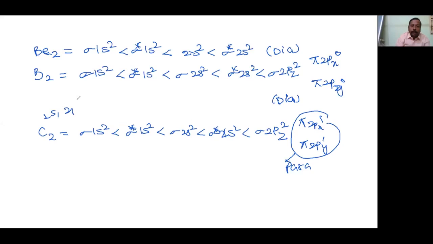See here, there are two unpaired electrons here, and no unpaired electron in the others. Therefore, option C is correct. Is it clear? Very important question, the most contradictory question of 2014.